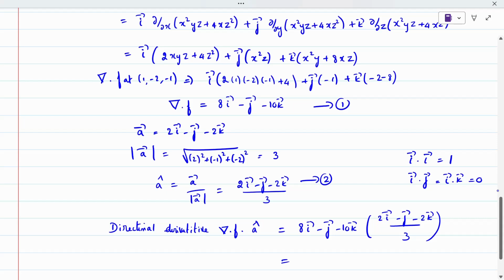So when I multiply, 8 into 2, so 16; minus 1 into minus 1, so plus 1; minus 10 into minus 2, so plus 20, divided by 3. When I add everything, I get 37 by 3 as my directional derivative.